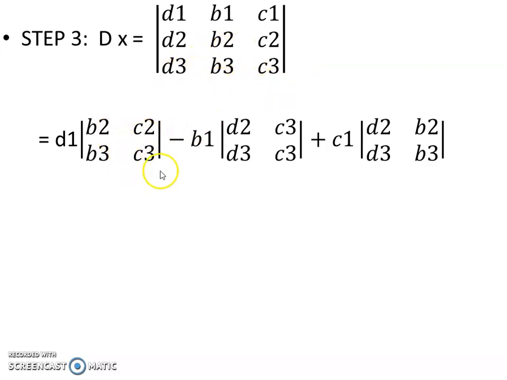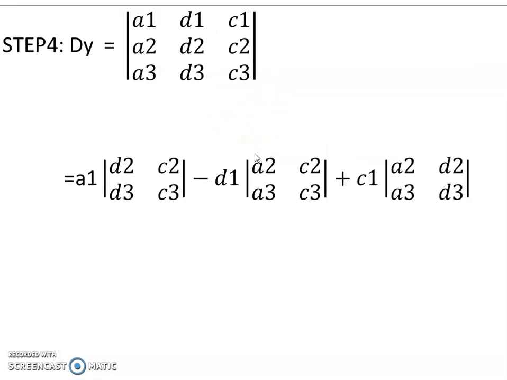Same for the second column, and for the c1 column we skip, d2 b2 d3 b3.